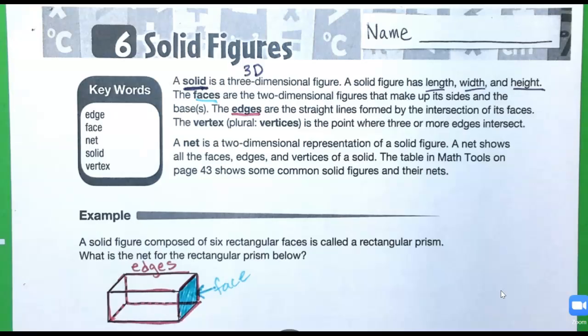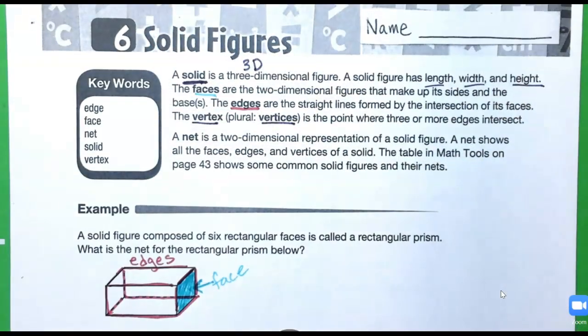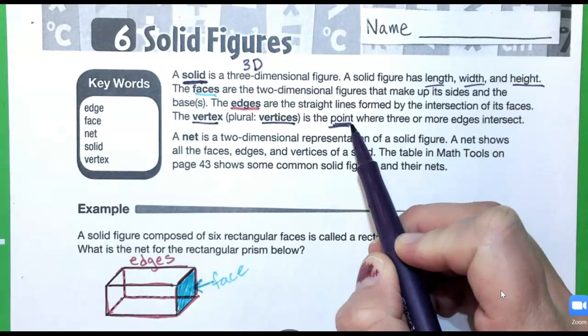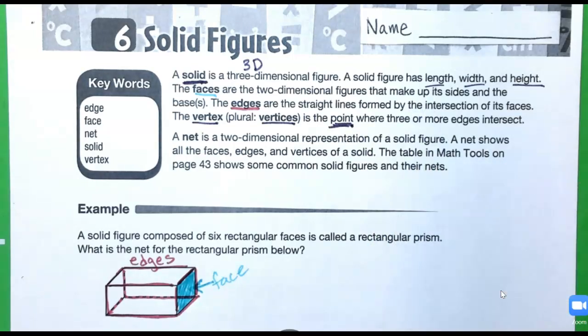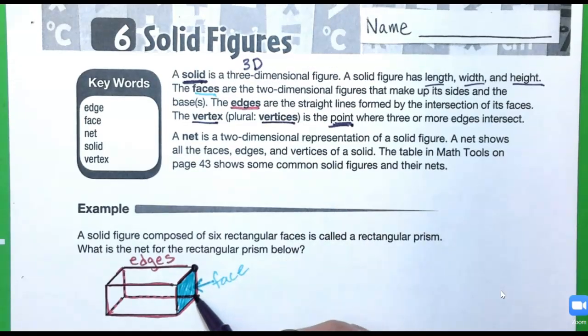And the last one is what we call a vertex, okay? And a vertex, or if we have more than one, we say vertices, is a point. It's important to remember that a vertex is a point where everything intersects. So here we have a vertex. Here we have another vertex.